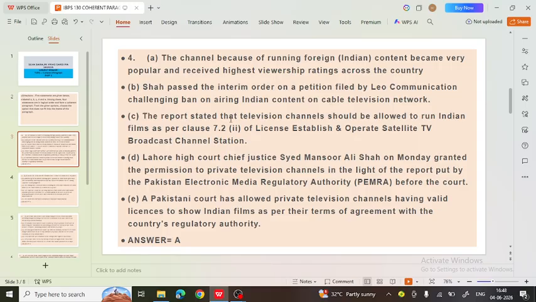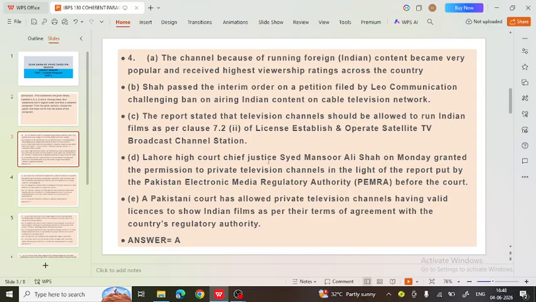The report stated that television channels should be allowed to run Indian films as per clause 7.2 of the license, establish and operate satellite TV broadcast channels session.